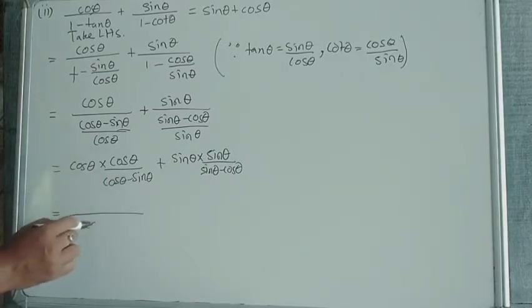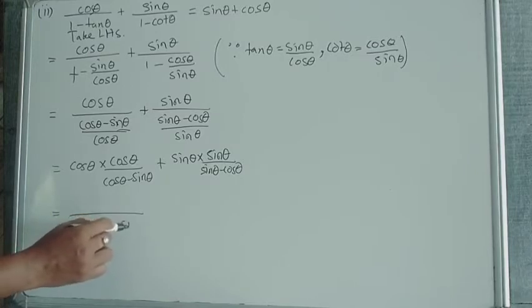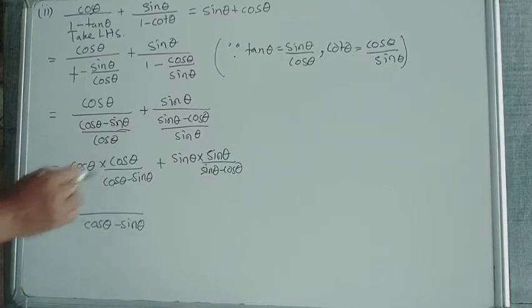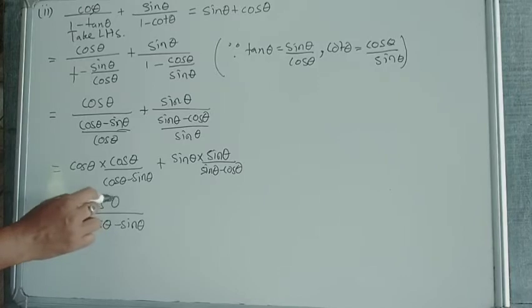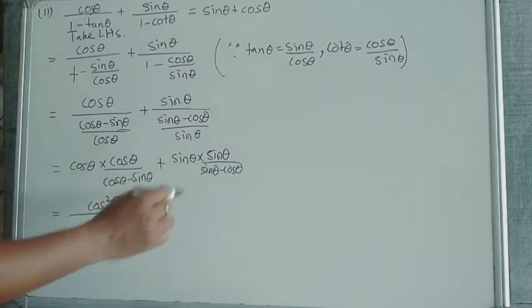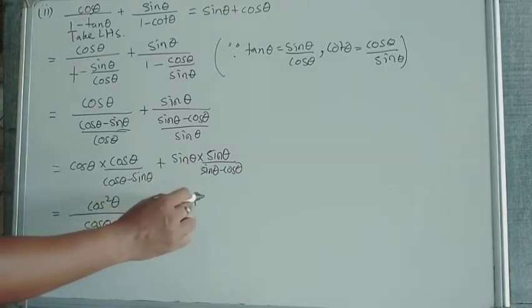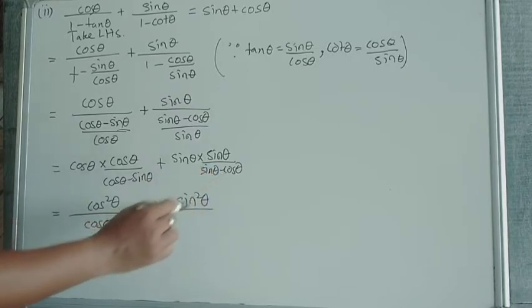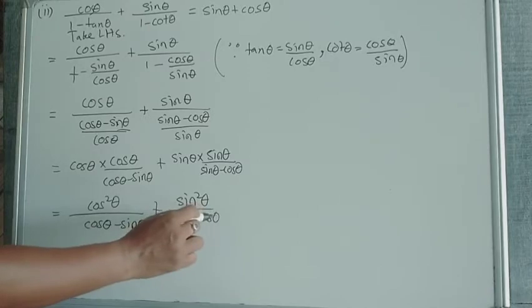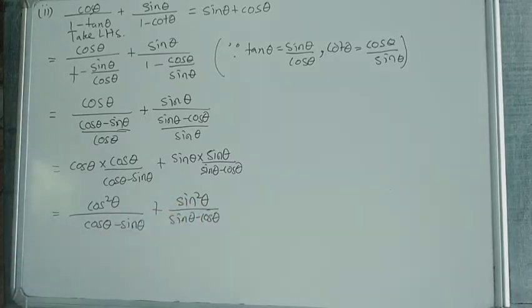Now it will become cos square theta by cos theta minus sin theta, plus this one will become sin square theta by sin theta minus cos theta.